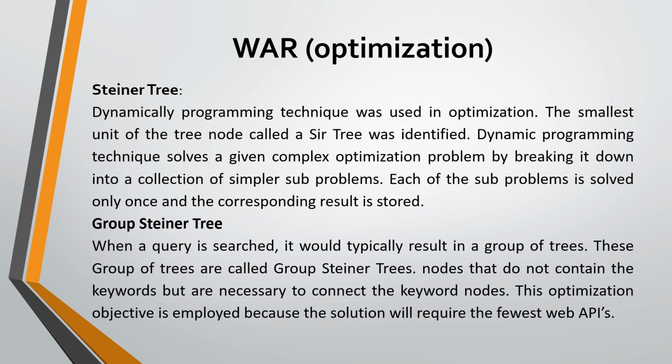This optimization objective is employed because the solution will require the fewest web APIs. This potentially simplifies the app developers' web apps and reduces the cost of building the web applications.